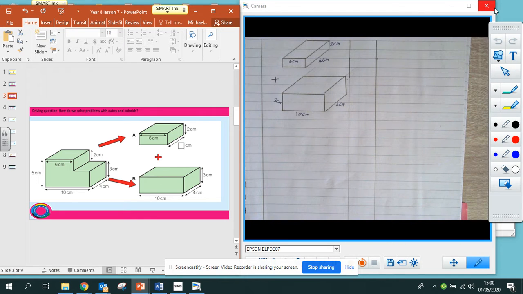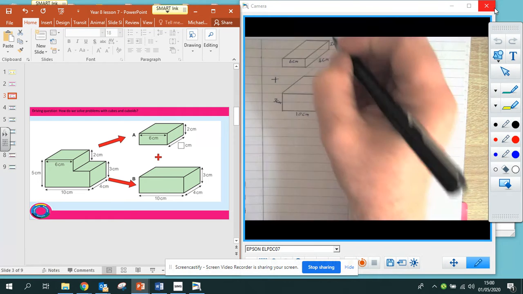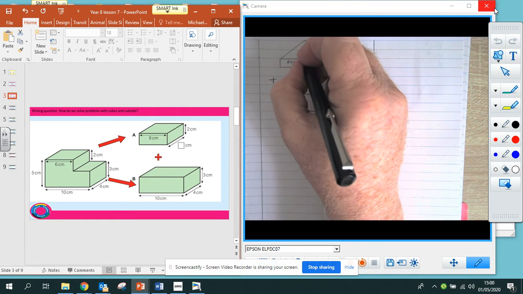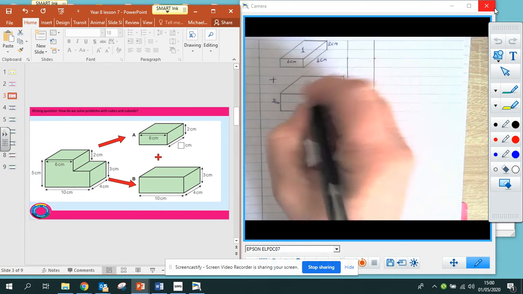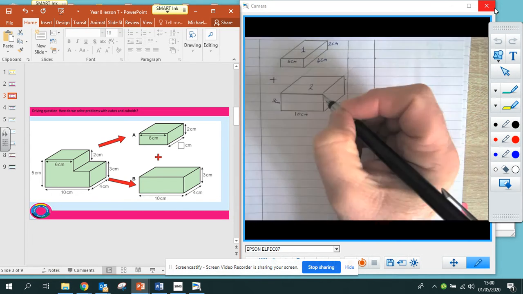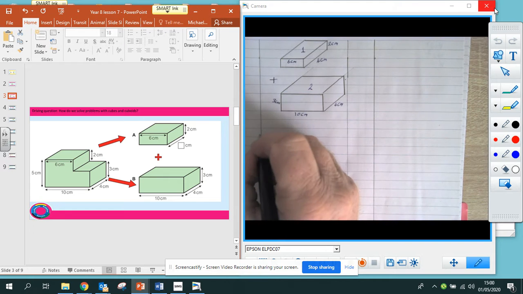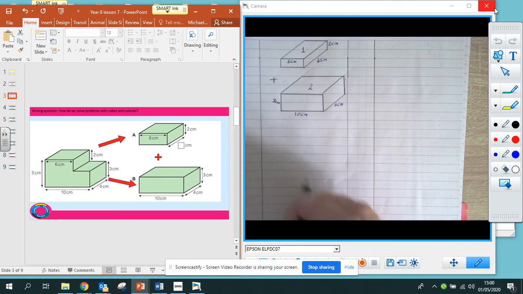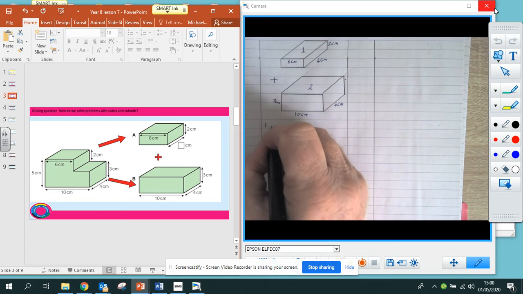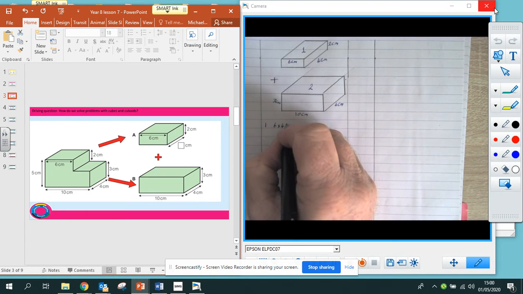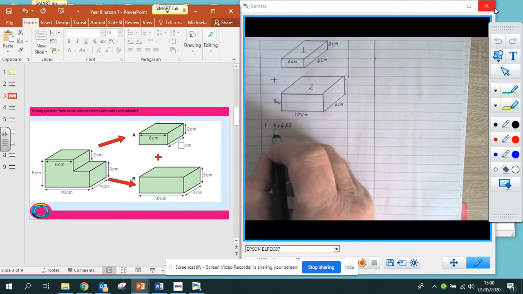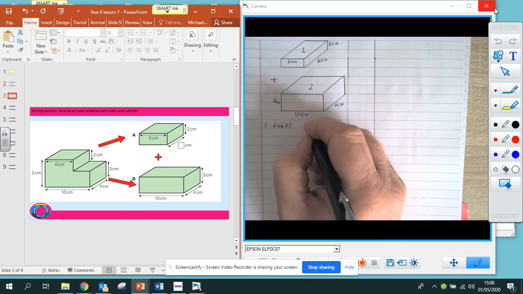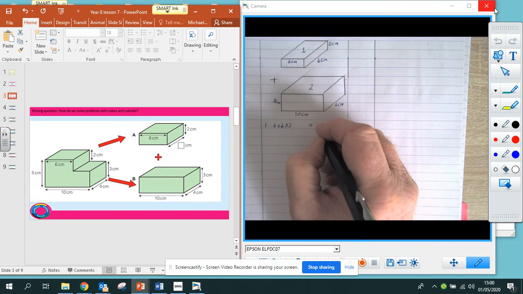Now I've got my 3 sets of numbers for each cuboid, and I can work out the volume of each. For the purpose of making my calculations clear, I'm going to call this one shape 1 and this one shape 2. So for shape 1, I must multiply 6 by 4 by 2. Well, 6 times 4 is 24, times 2 is 48.